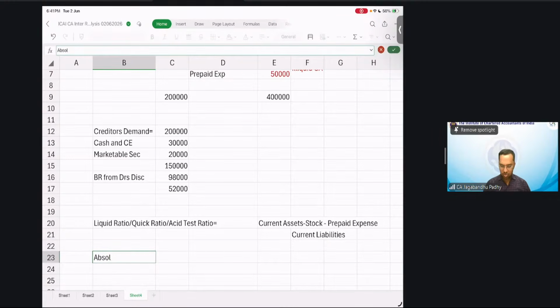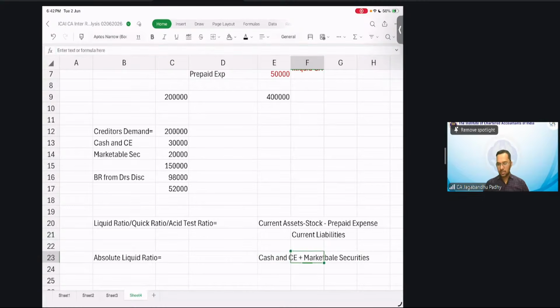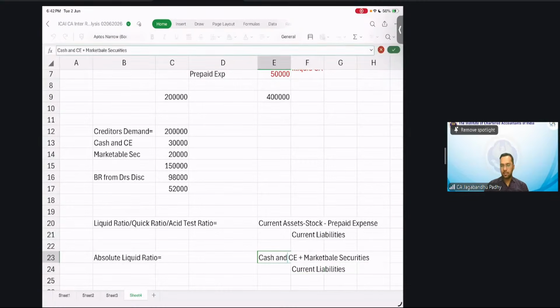Then absolute, another strict term, more stricter value, is absolute liquid ratio. Absolute liquid ratio is cash and cash equivalent plus any marketable securities. So we are going to consider in this formula only highly liquid current assets, right?